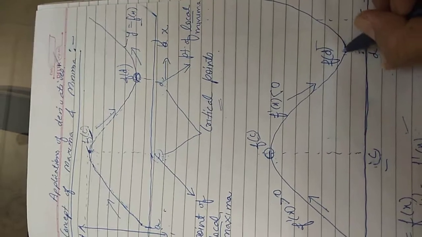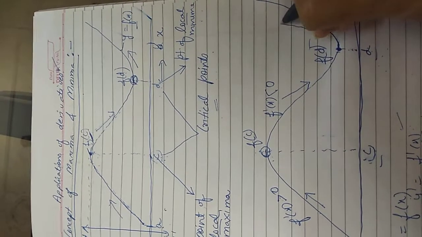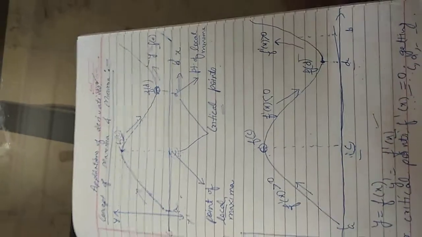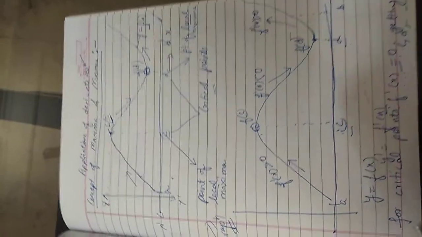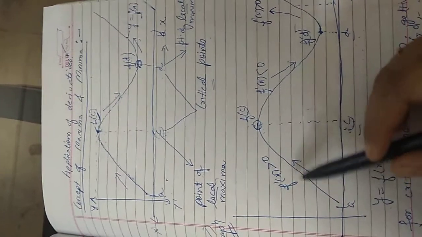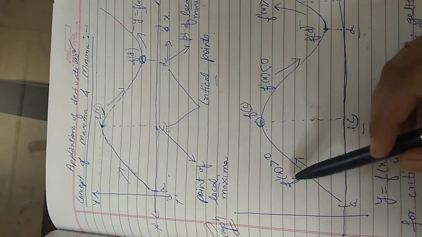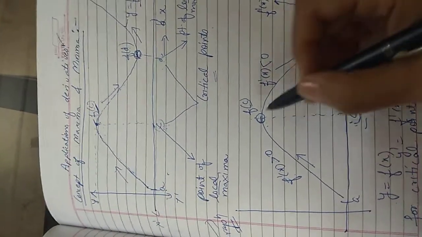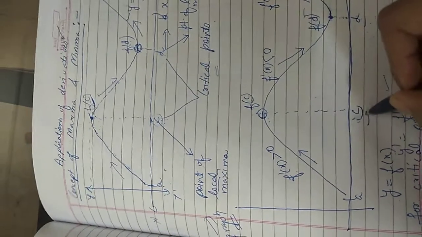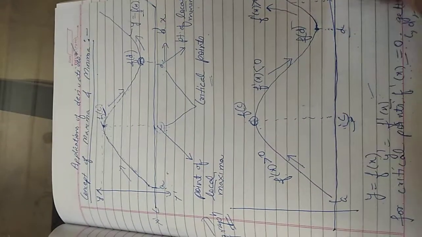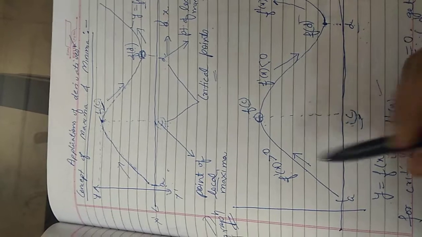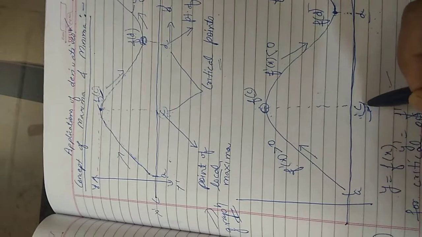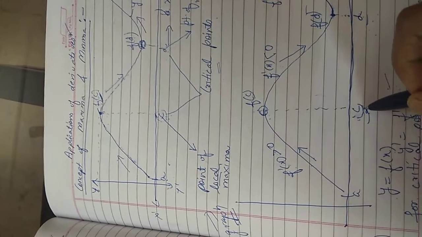And here it is getting the least value, and as the curve is going up, that means here f dash x is again positive. So in short, if the derivative changes sign from positive to negative as we move along the x-axis through the point C, then that point C is called the point of local maxima.